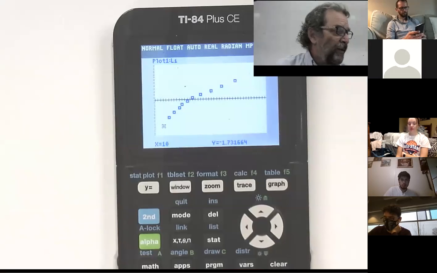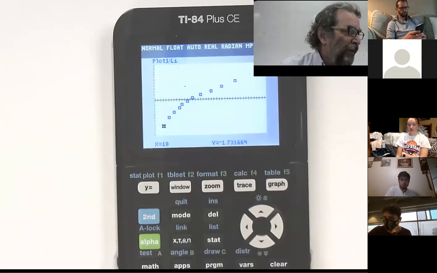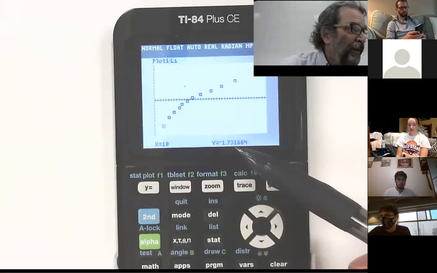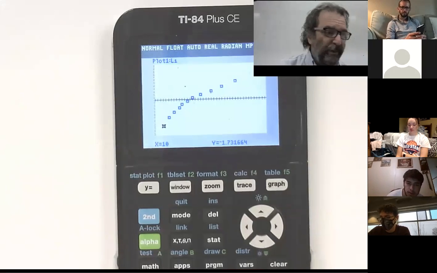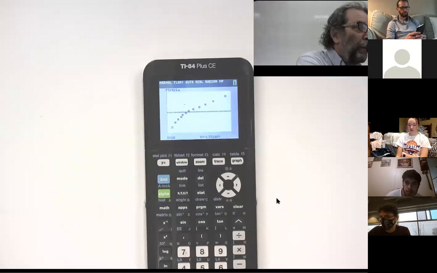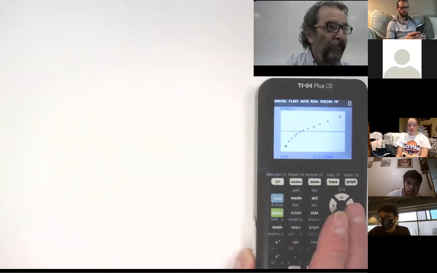The smallest value in a set of 12 numbers from a standard normal distribution would have a value on average of minus 1.73. And so we want to see how to compute that. The 1.73, here it comes.